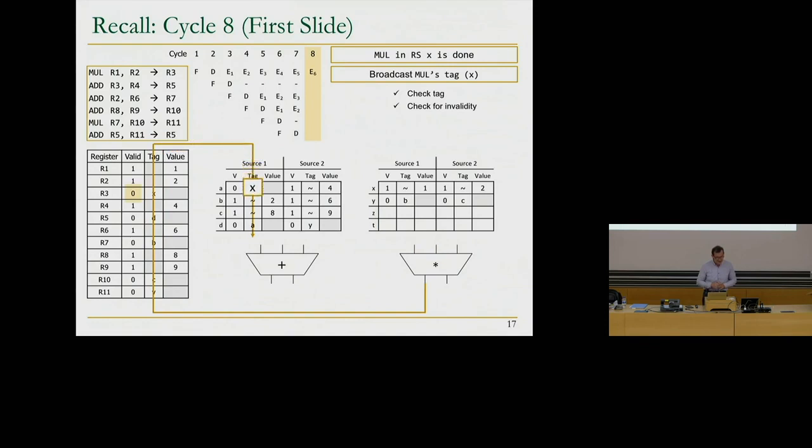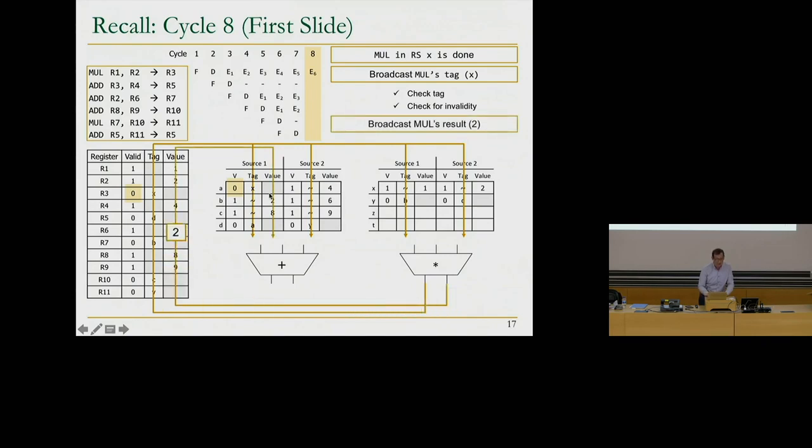And you can see that X is being broadcast to all locations in the machine where you see tag. So all of the places where you see tag, you should send the tag, because there might be some instructions waiting for that tag. And the instructions that are waiting for that tag and that do not have it valid over here capture the value.